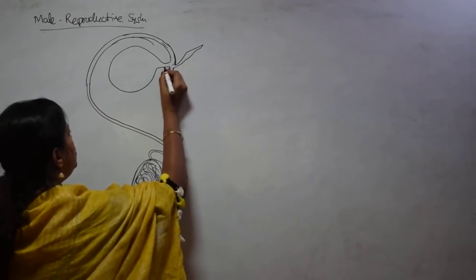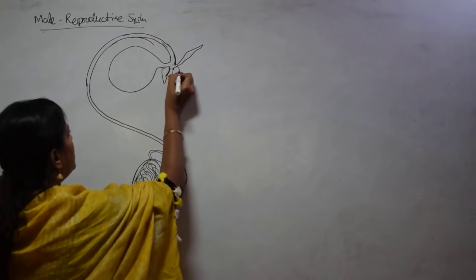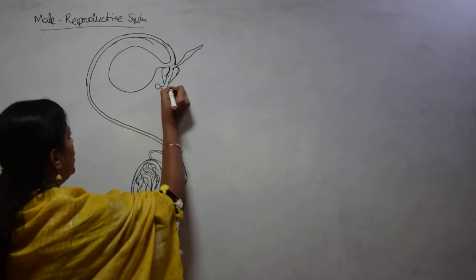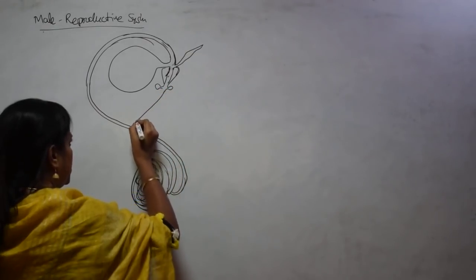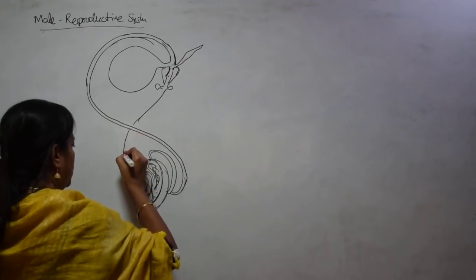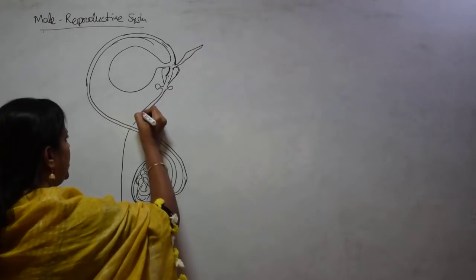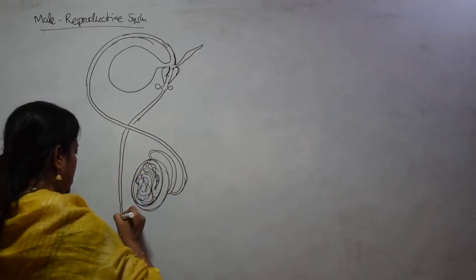Then below this you find the ejaculatory duct. This is the prostate gland, and here are the bulbourethral glands, and this will transport the sperms along with the urine into the urethra.